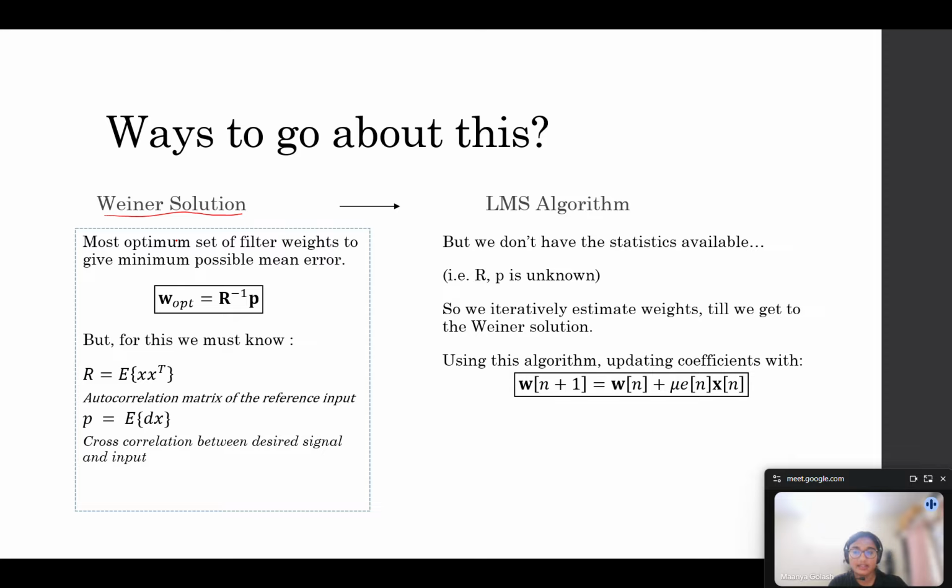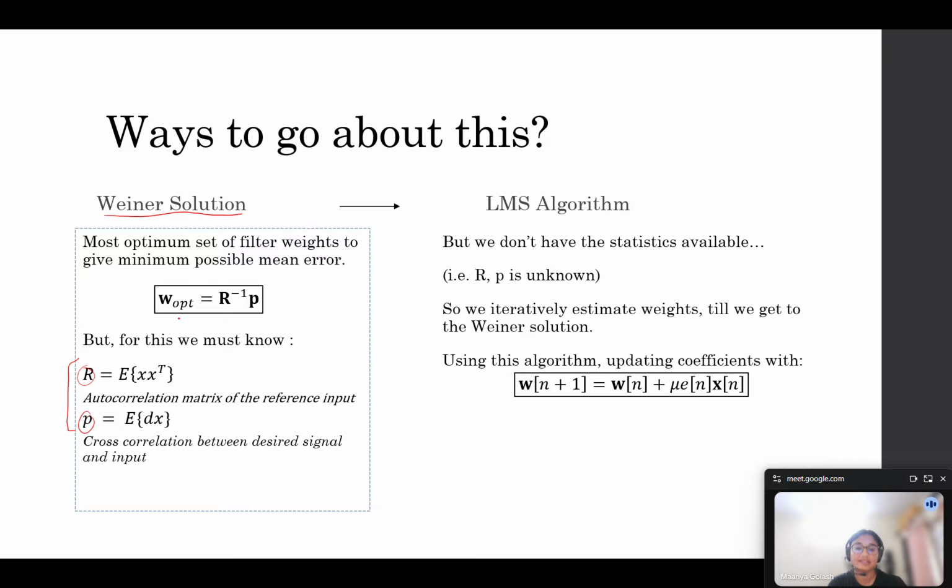Now, the formula that Wiener solution provides is the optimum filter weight is equal to R inverse P. R is the autocorrelation matrix of the reference input, and P is a cross correlation between the desired signal and the input that we provided. But the problem here is this data must be available beforehand for us to calculate the optimum filter weights. But in real systems, we won't have that data, which means we don't have R or P.